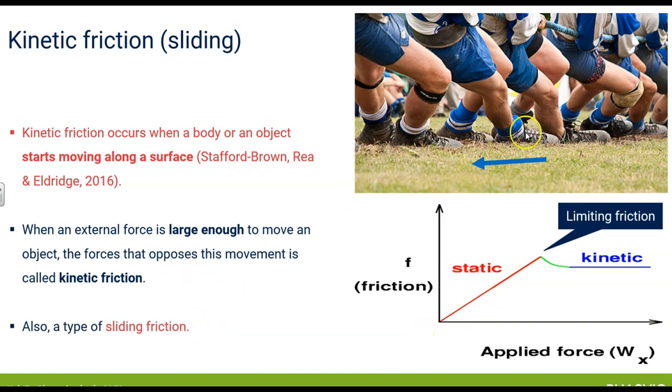So if we've got, let's say, our tug of war team that were equally pulling against each other and there was static friction, their shoes were not moving at all, what we need is the other team to apply more force. At that point, if there was no movement and there was static friction, the force being applied by the opponent's team is too small, because the friction between their feet and the grass is enough to keep them still.